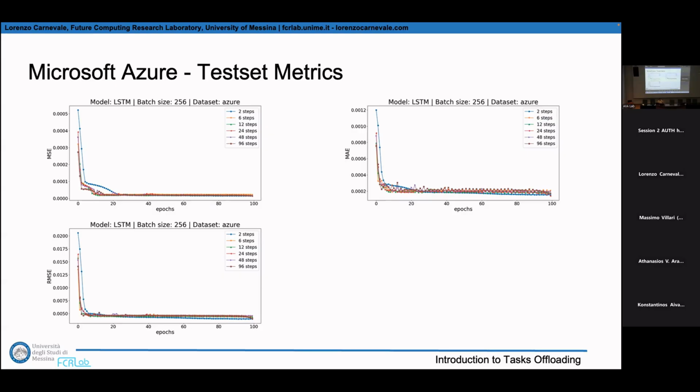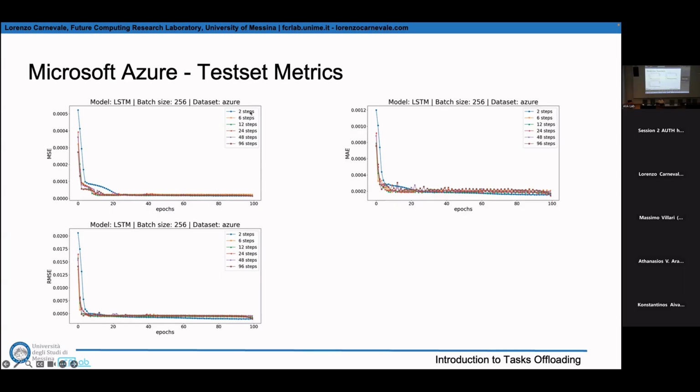So we wanted to avoid propagating this error. And the other reason is that one step is 5 minutes. We have enough time to migrate a virtual machine in 5 minutes if this is needed.